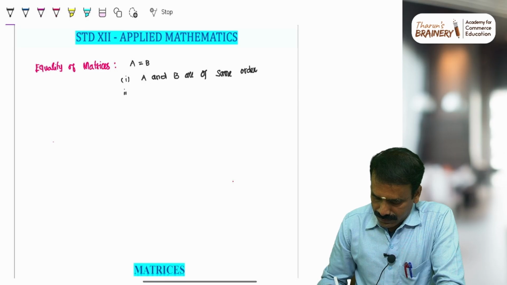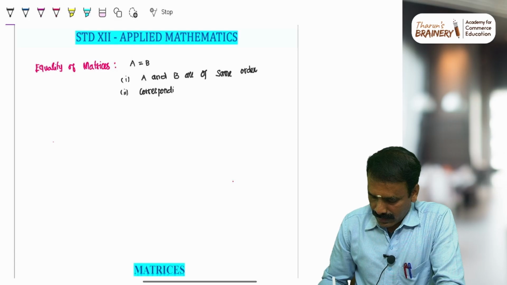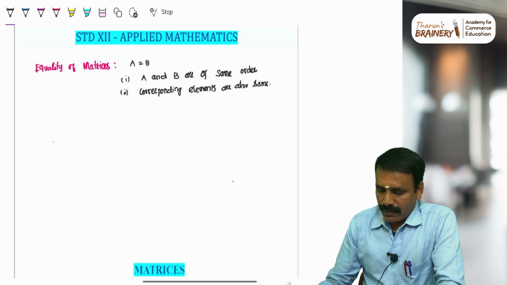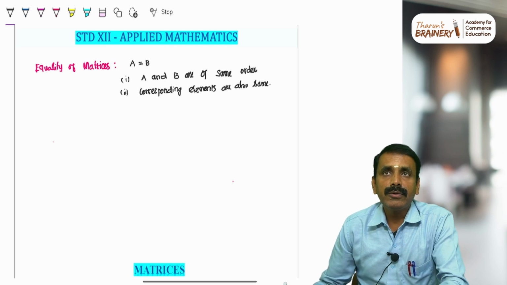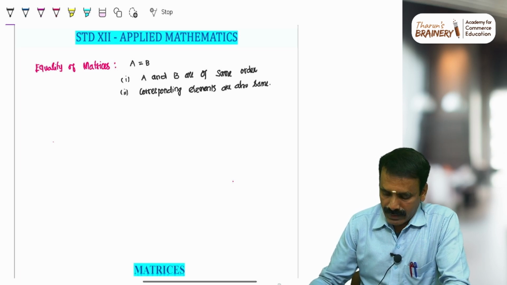Second, the corresponding elements are also the same. So these are the two conditions to be satisfied to equate two matrices.